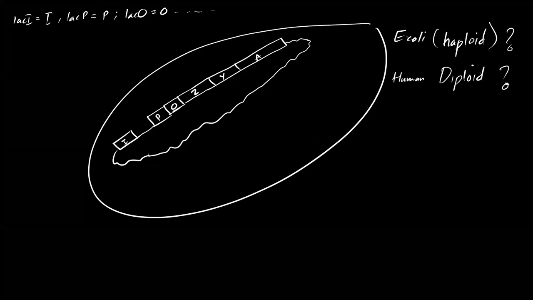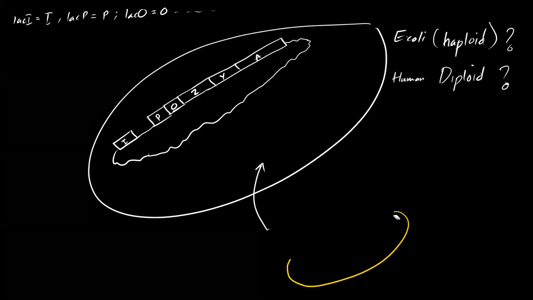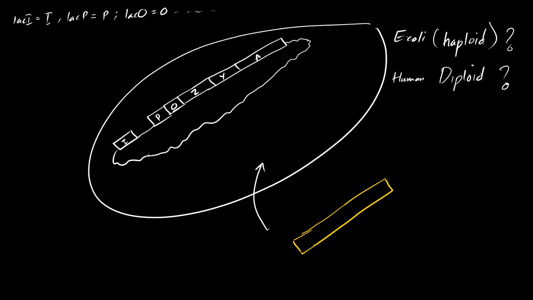But we can, in the lab, introduce, let's say on a plasmid, you don't know what a plasmid is, but we can introduce another copy of genes into bacteria. We could do that easily. We can introduce it into the bacteria.